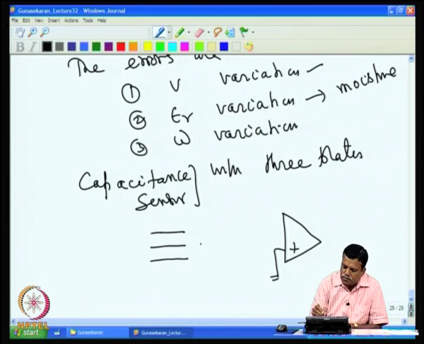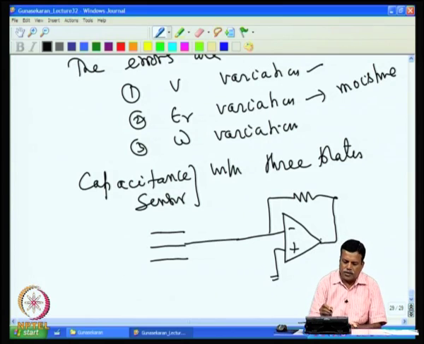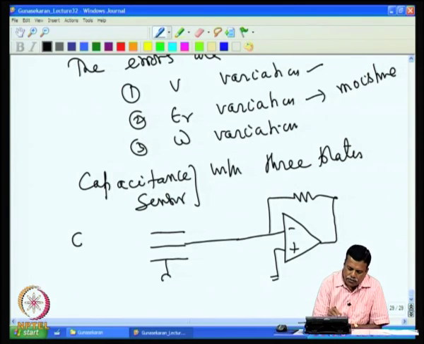Now, this plate can be attached to our inverting terminal, and we can energize the outer plates with, for example, a simple transformer with a center tap.